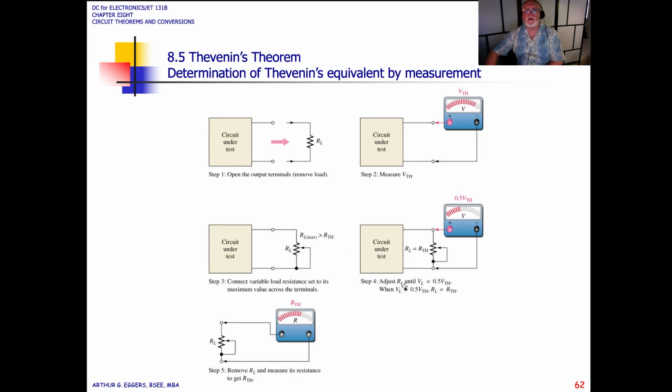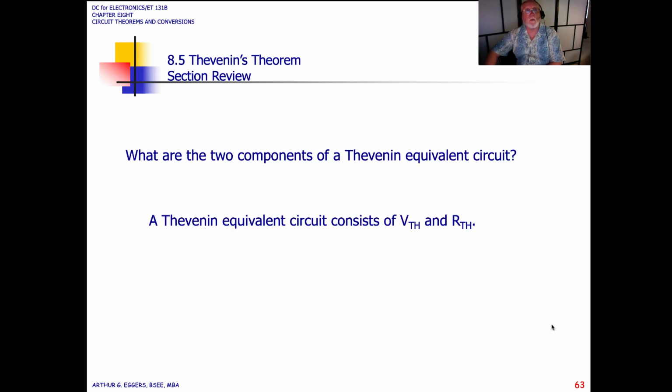Adjust the load until the V load is 5/10 of V Thevenin. When V of the load is 5/10 V Thevenin, the load is then R Thevenin. Remove the load and measure its resistance to get R Thevenin. This is just a way of doing it if you wanted to do it by actually making measurements.